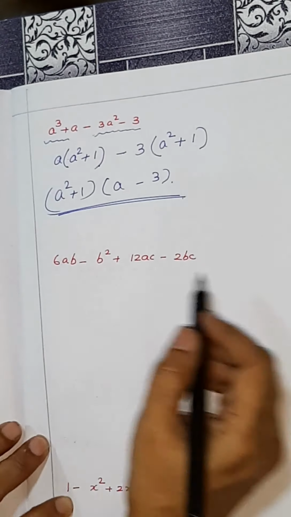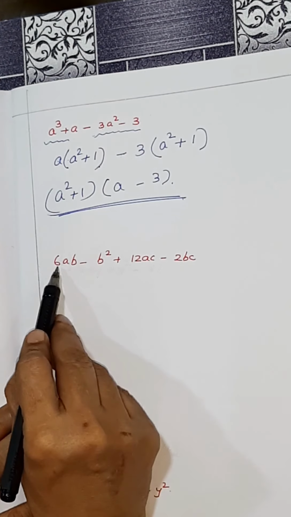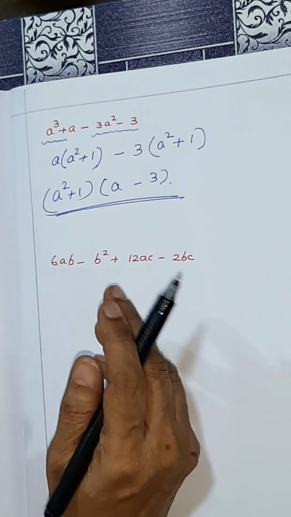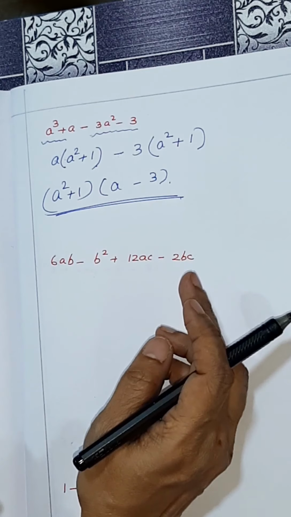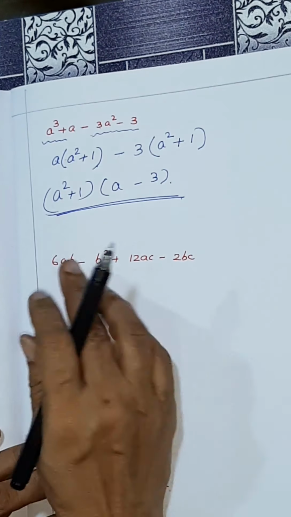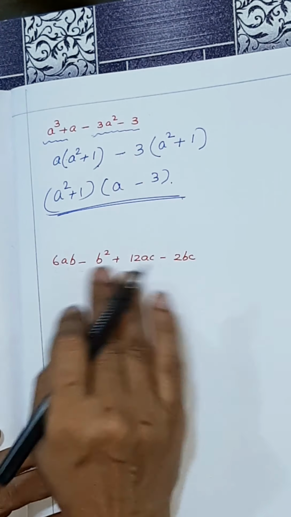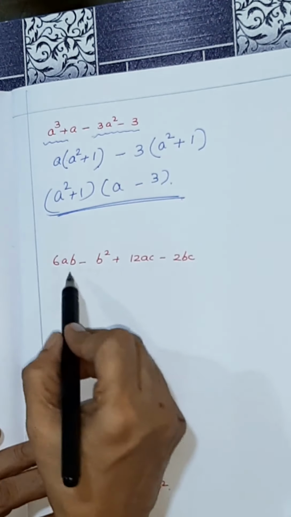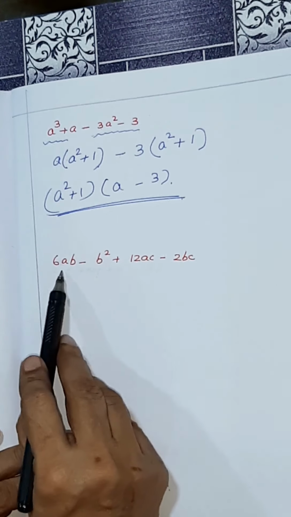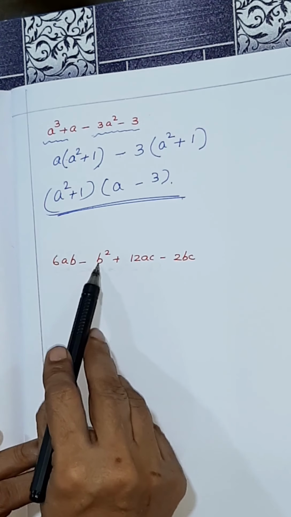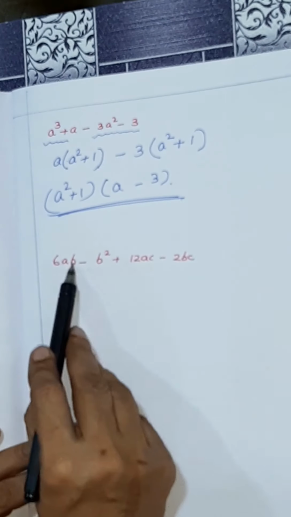Now coming to this one, when you have 3 terms, it will be either the a plus b the whole squared format, the a minus b the whole squared format, or splitting of the middle terms. Those formats are not suitable here. So here we have to pair and group the terms. We have 6ab, and here AC and BC. We have C as common here and B as common here.